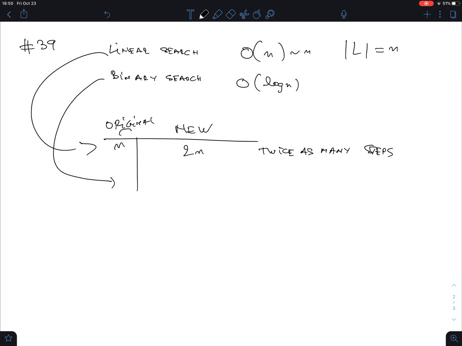What about binary search? Well, the original was log n, and the new one is now log of 2n, which we have seen before. That is now 1 plus log n, right? Remember, it's because it's base 2. So in other words, it is one extra step, which is basically nothing, right? One extra step, what is that?